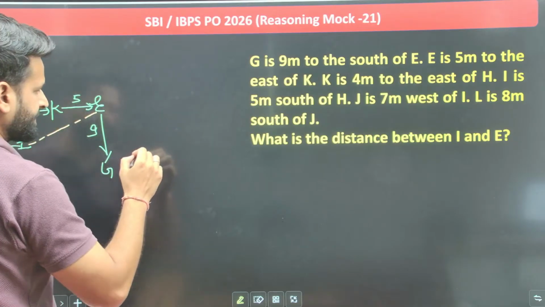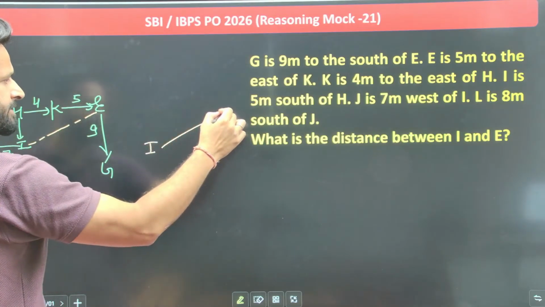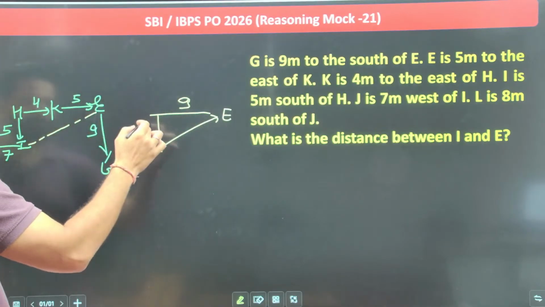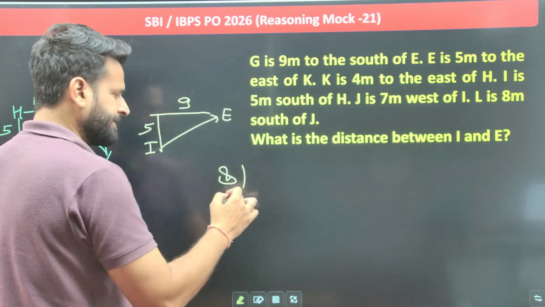So if I draw it separately, this is I, this is E, and distance 4 plus 5 is 9. This one is 5. So 9 nines are 81, 5 fives are 25.